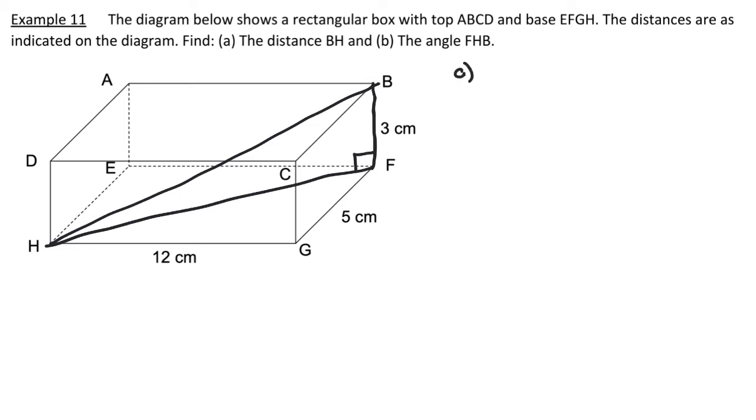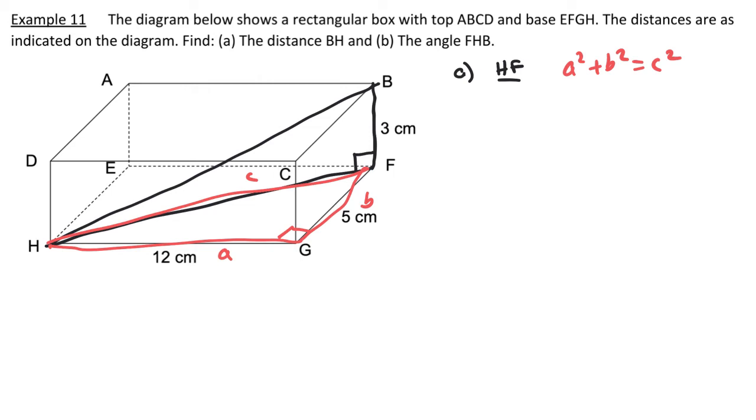For the side HF, we can use Pythagoras' theorem, where we're looking at the triangle HGF, where the angle at G is a right angle. We've got A, B, and the hypotenuse C. So A squared plus B squared equals C squared.